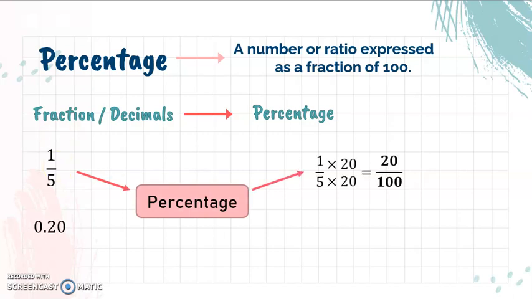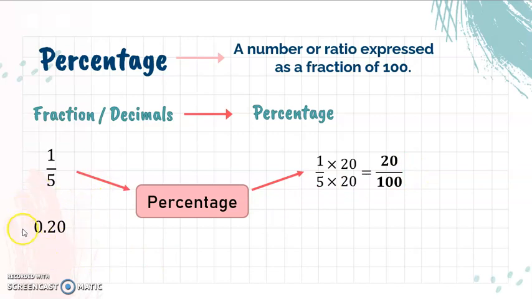First, like I said, percentage is a fraction of 100. So we have to make the denominator equal to 100. In this case, I multiply the denominator by 20 and also the numerator by 20. Then I'll get 20 out of 100. Since this is already expressed as a fraction of 100, the answer will be 20%.